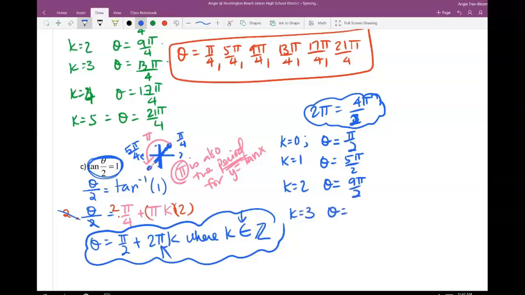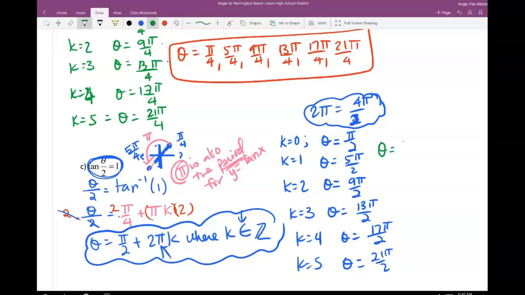That means theta is 4 plus 9, 13 pi over 2, okay, k equals 4. I add another 4 pi over 2, that's 17 pi over 2, okay, k equals 5, last one, and that's going to be 4 plus 17, 21 pi over 2. So your first 6 angles are, let's write it down so we can box it up. Here we go. Ready?